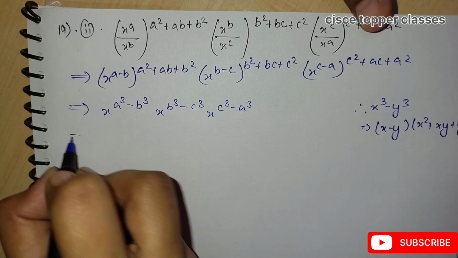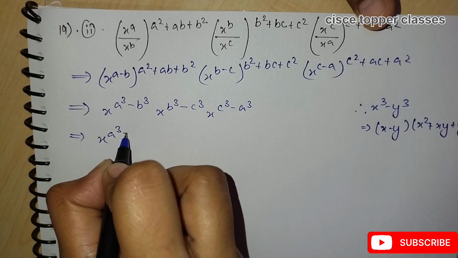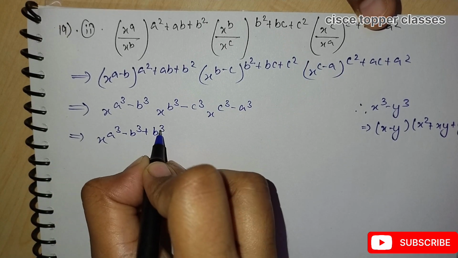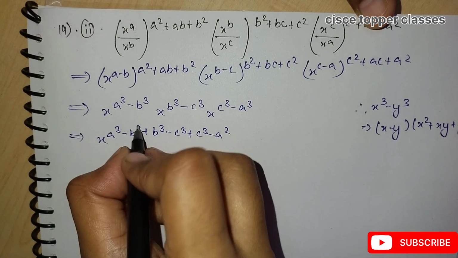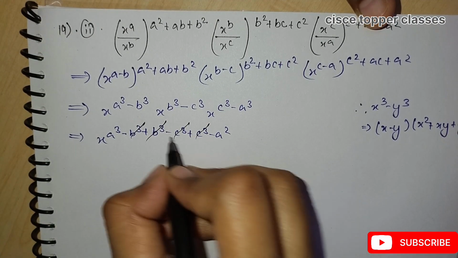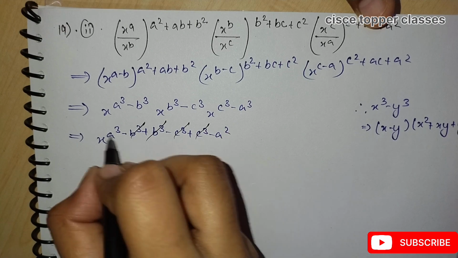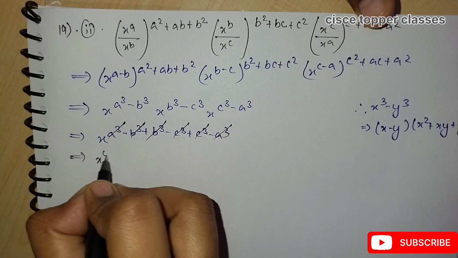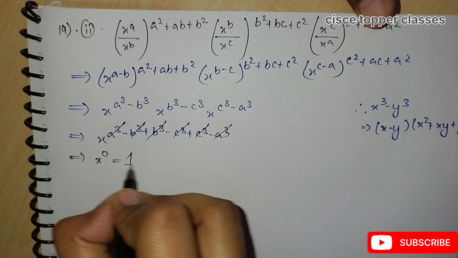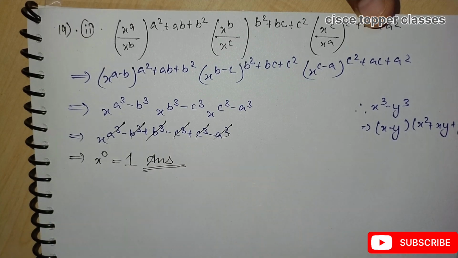So this is only what we have used here. We can write this as a³ − b³ + b³ − c³ + c³ − a³. This will be cancelled out here, this also will be cancelled out. Sorry, this will all be cancelled out. So it is x to the power 0, equal to 1, which is the final answer of this question.